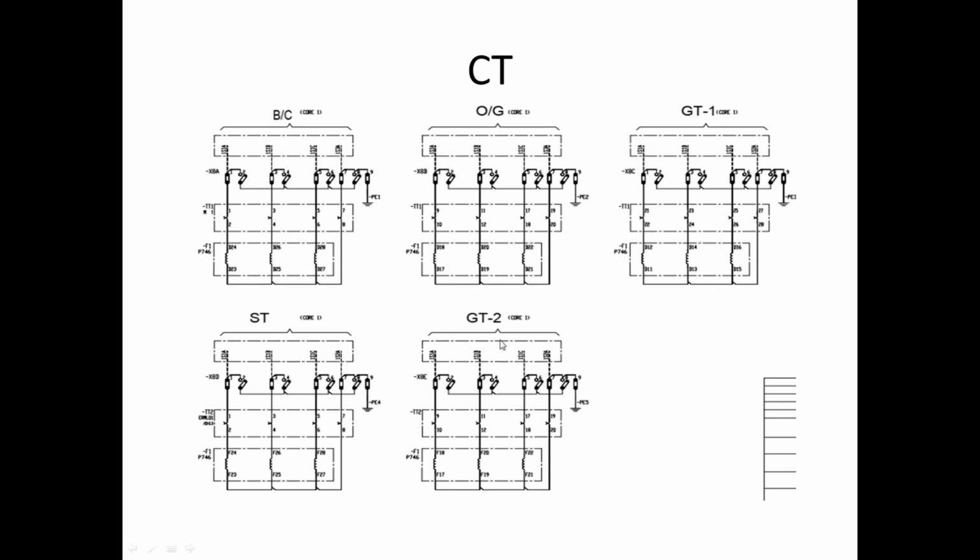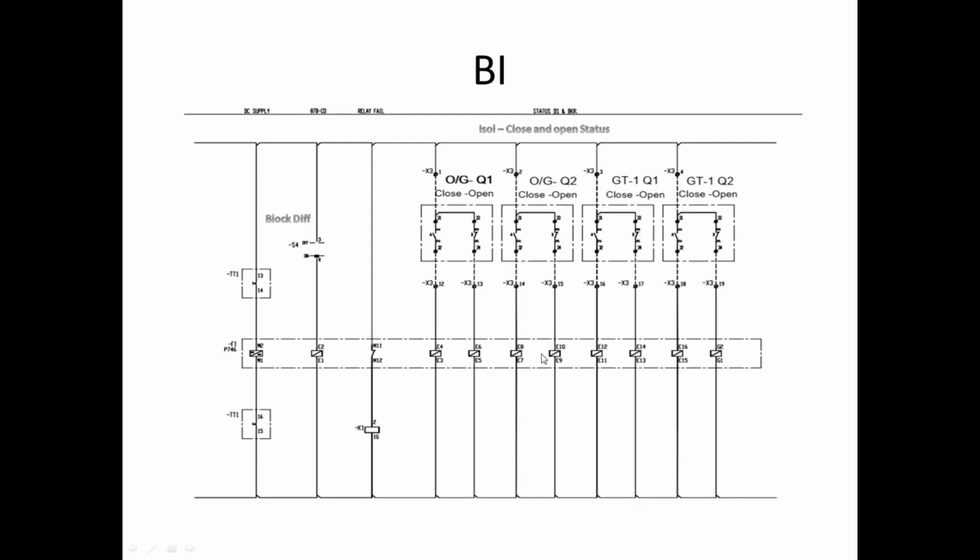And next we are going to see the binary input. On binary input, the first binary input is the busbar protection block, and the second one we see here is a watchdog, and following this we have the isolator close open status.